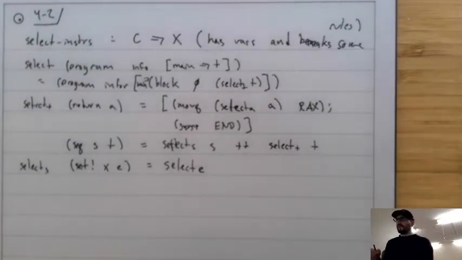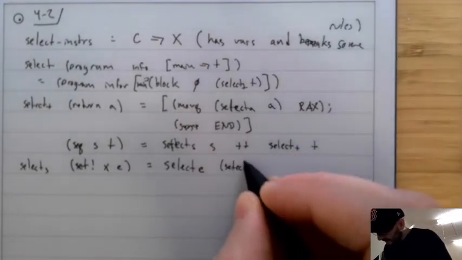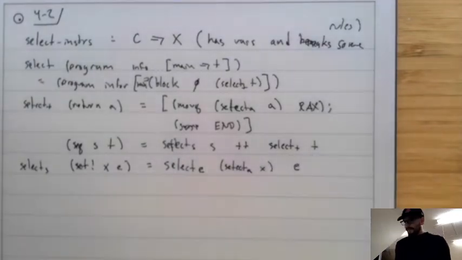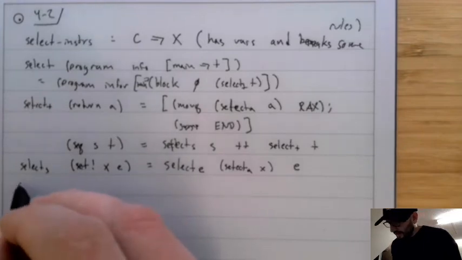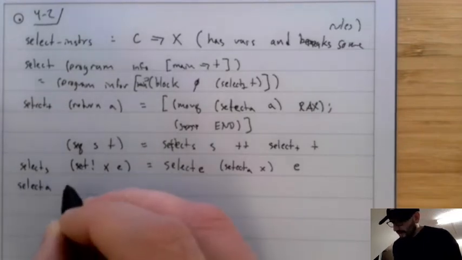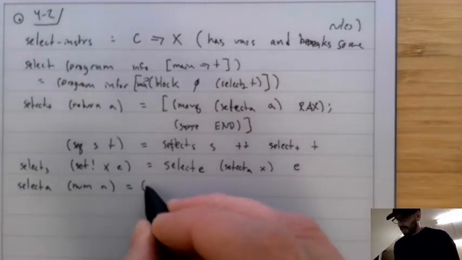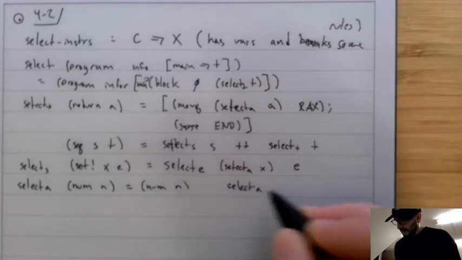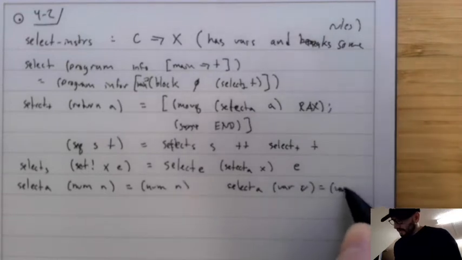So in which case, what we're going to do is we're going to call select A on X and then give it E. So now select A, this is a function that we haven't written yet, but we'll see it shortly. Actually, let's do it right now. So select A will either be given a number, n, in which case we'll return a number n, or it's going to be given a variable v, in which case we'll return the variable v. See, it's really the same thing.